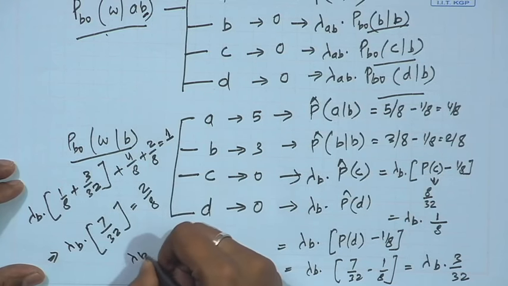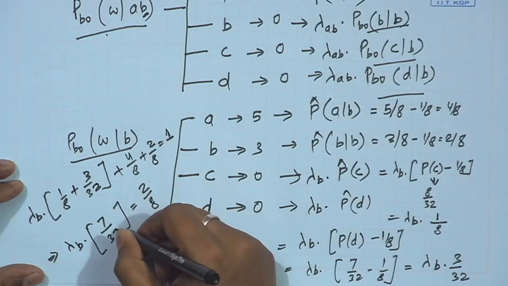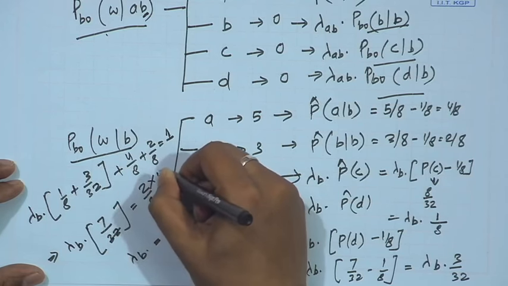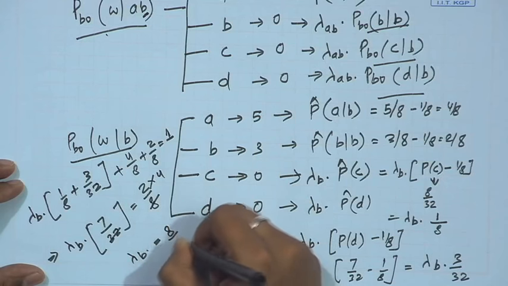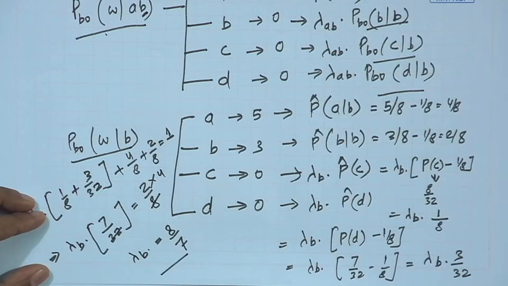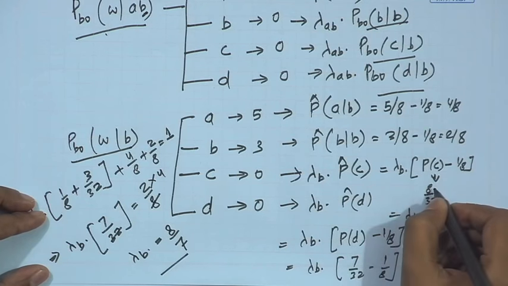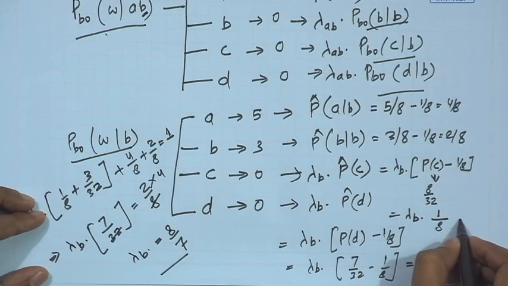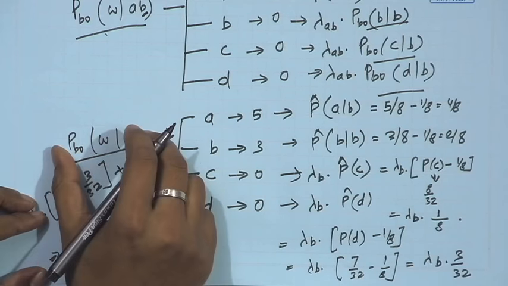So what is lambda B? You get 8 by 7. Once you substitute lambda B as 8 by 7 here, you will find this probability and this probability also. So you have the backoff probability for these.